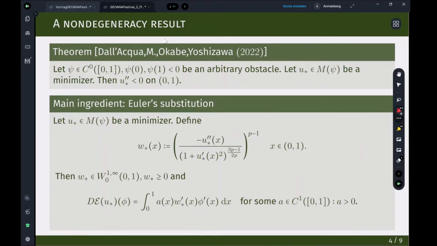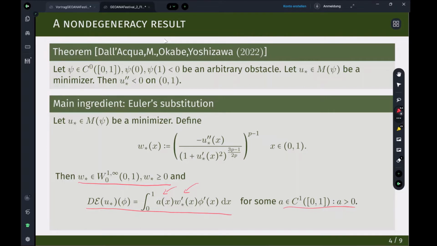And what one can derive there, and we will later see how it can exactly be derived, is that w star lies in W^{1,infinity}. The reason for that is basically that the Euler-Lagrange equation takes a very easy form in terms of w star. Namely, the derivative of the energy is some positive function c1 multiplied with w star prime times phi prime. This one can see.